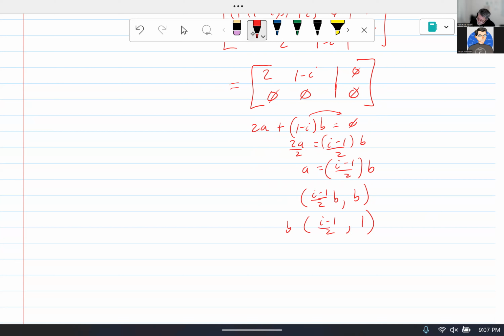I don't like that fraction. So what I think I'm going to do here is let b equal 2.